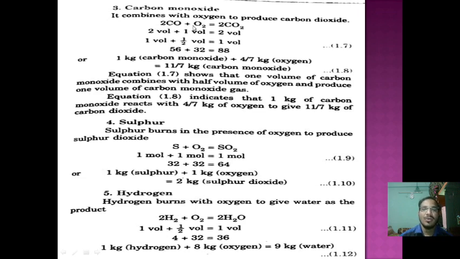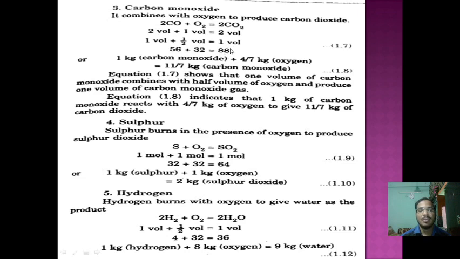Here there is no number, it seems that it is 1, and here the 2 is there. Carbon dioxide total is 2. So after that, again we are dividing by 2 on both sides, and it will become 1. Here 1 by 2, here 2, and after the LCM we will get the value 88.